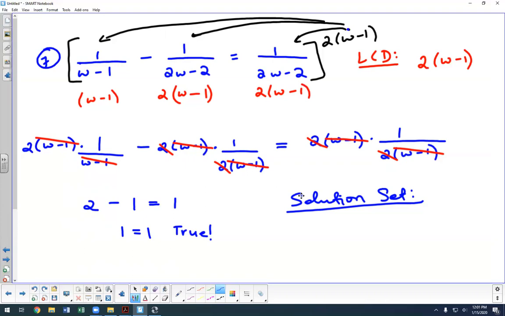You're either going to have an identity or an inconsistent equation. And since we're getting a true statement, we know this is an identity with the exception that our w cannot be 1. Okay, so it can be all real numbers except 1. So in this case, it would also be considered an identity and not a conditional. Exactly, yeah.